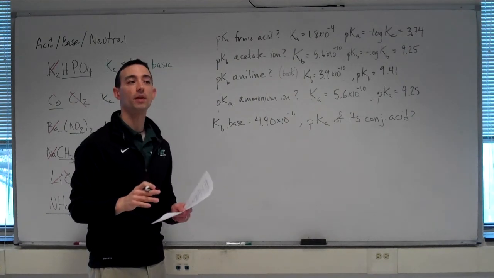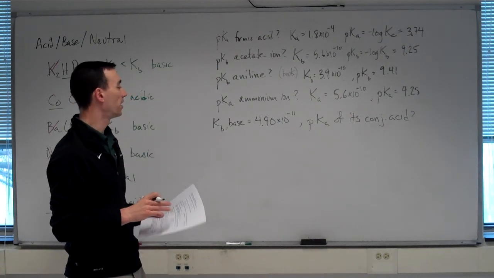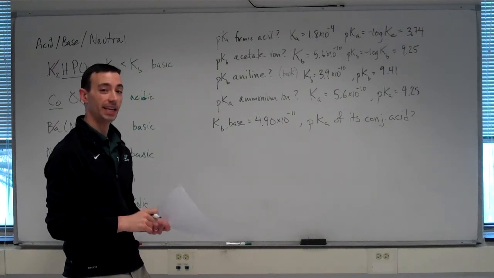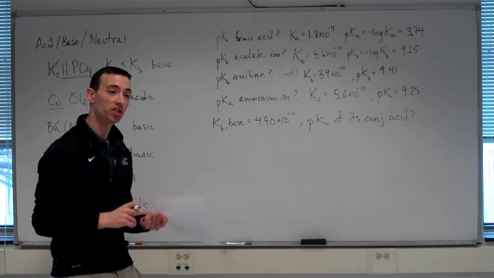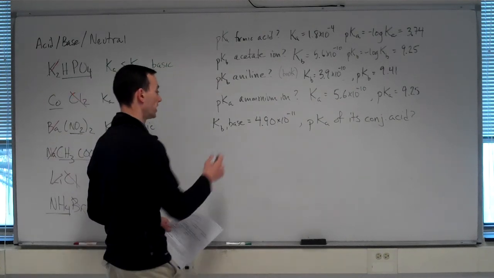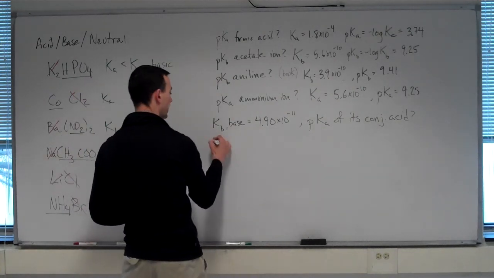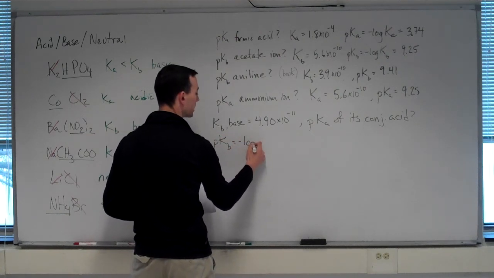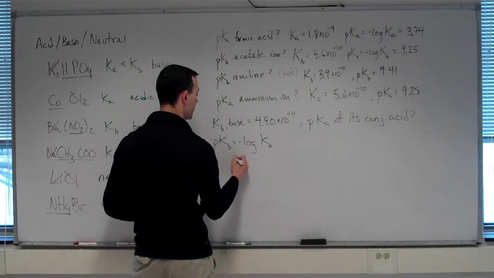There's really two ways that we could do this. There's a relationship between Ka and Kb, that their product is Kw, and then there's a relationship between pKa and pKb, that their sum is 14. So it might be quickest to find the pKb of this base by taking the negative logarithm of its Kb.